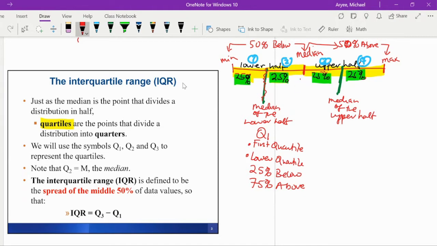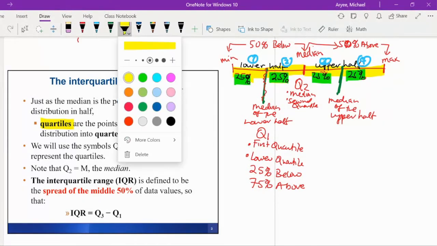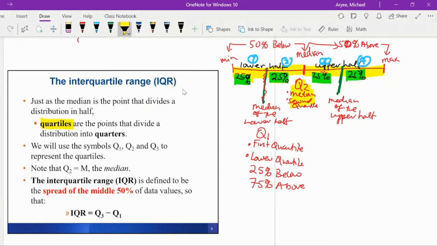Now Q2 is the median itself, and we call that the second quartile. So Q2 is what we used to call the median, right? The median can also be referred to as the second quartile.